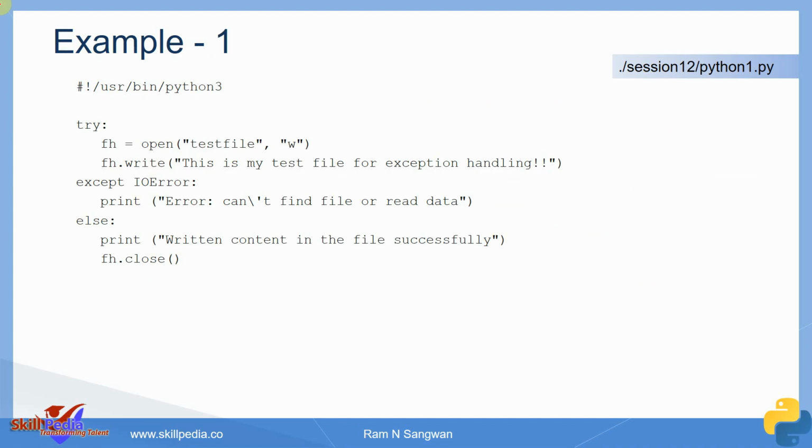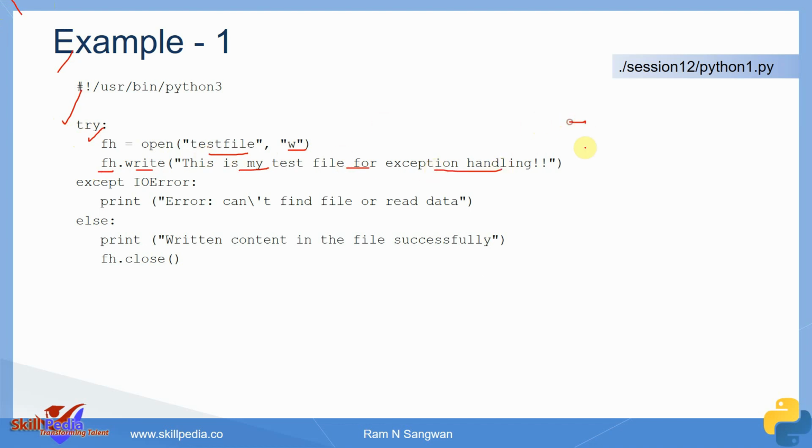Let's understand with an example. This is a program code, using user bin python 3. Try: now you are trying to open a file, test file, in write mode, fh.write, this is my test file for exception handling.